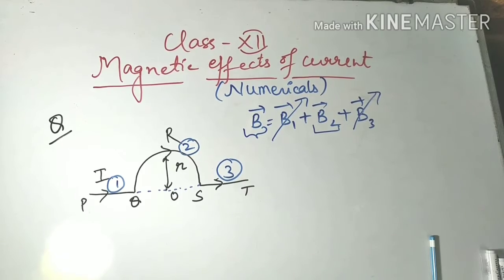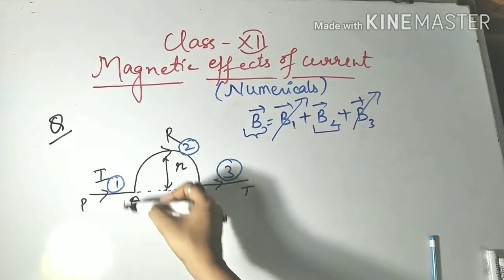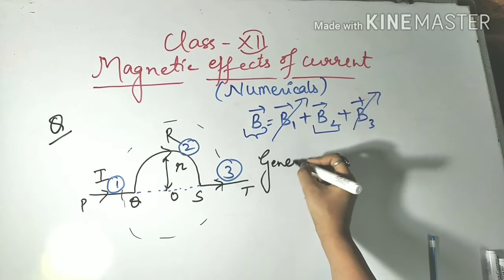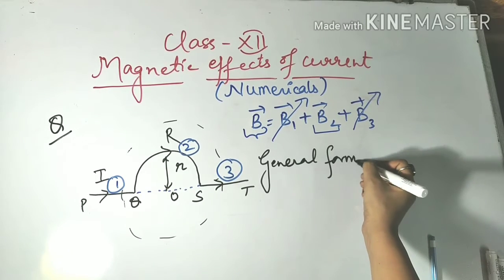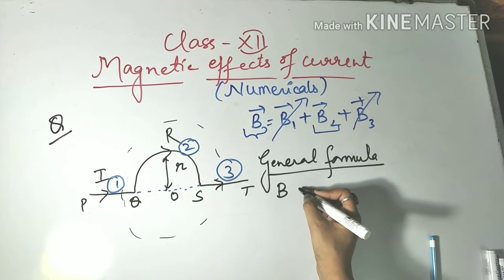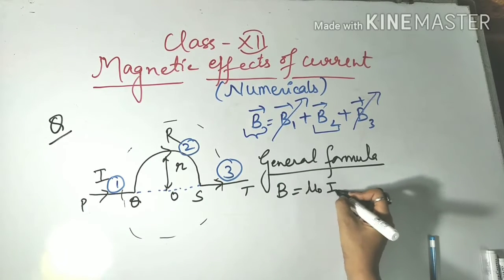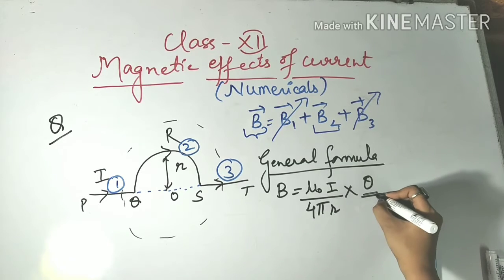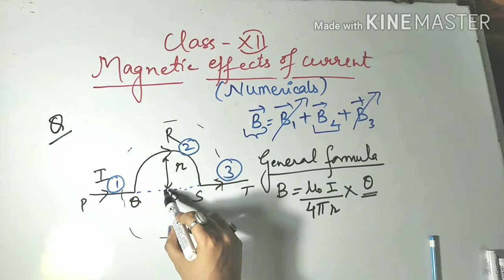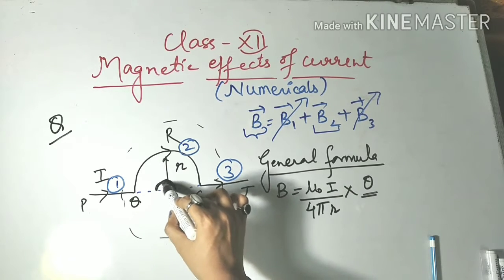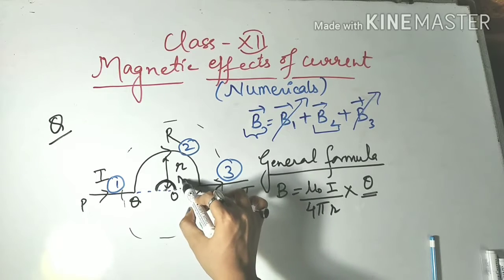To calculate this, just remember a general formula. The general formula for the magnetic field for a circle is mu naught I by 4 pi r into theta, where theta is the general angle. Here, if I draw the angle, it forms an angle of pi.